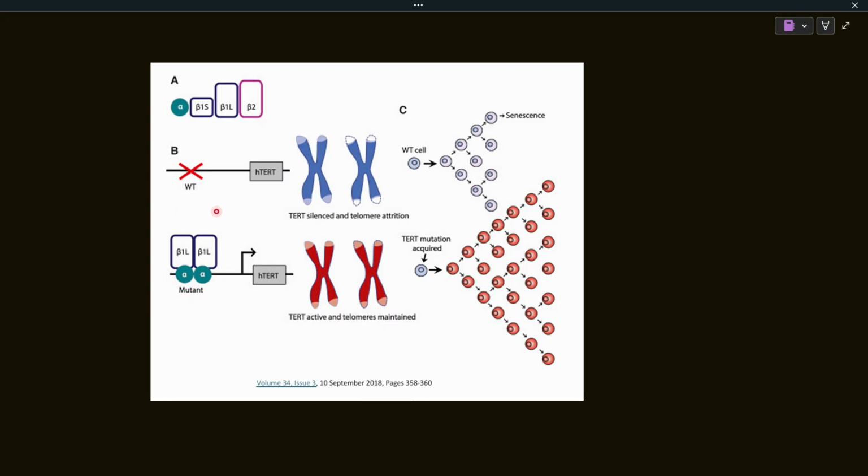And now this is going to do the TERT activation, which will lead to uncontrollable cell division. So this is how the cancer cells are able to maintain the telomeres.